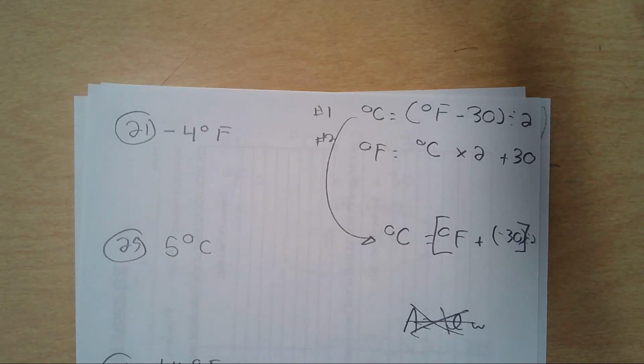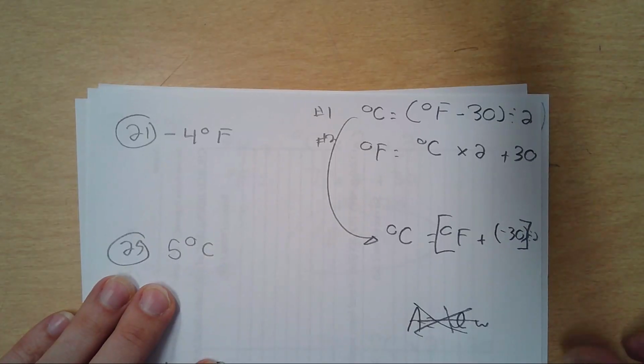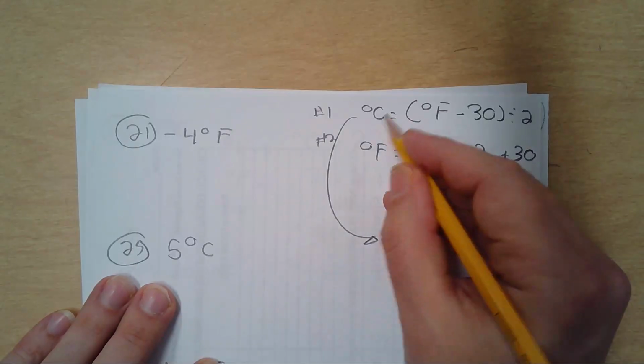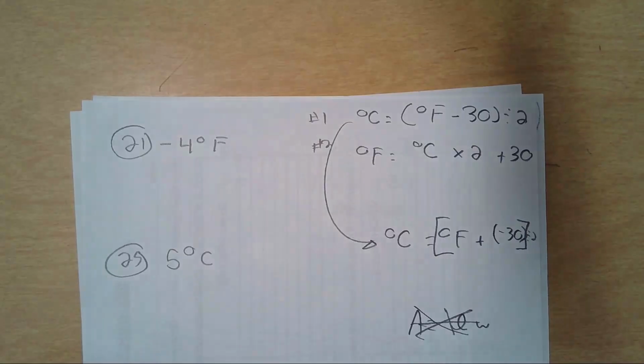All right, 21, Sierra. Okay, that was a good start. Sig, which formula are we using? Number one or number two? This one, yeah. Which formula? Number one or number two? One? You're sure? Yeah, you're right.